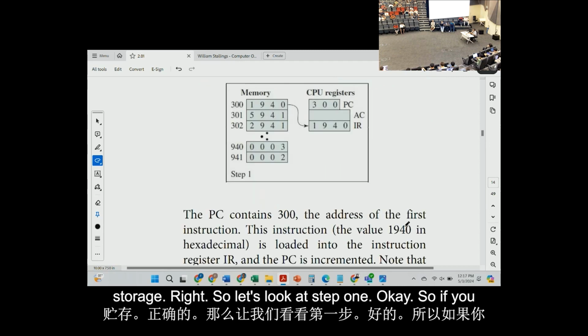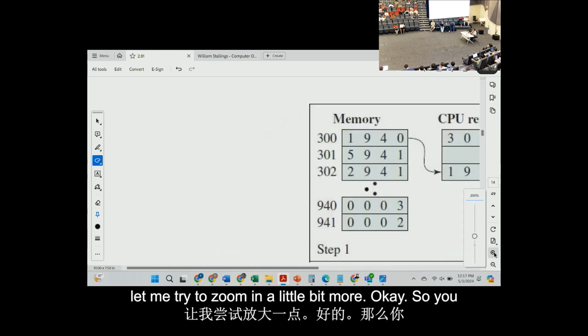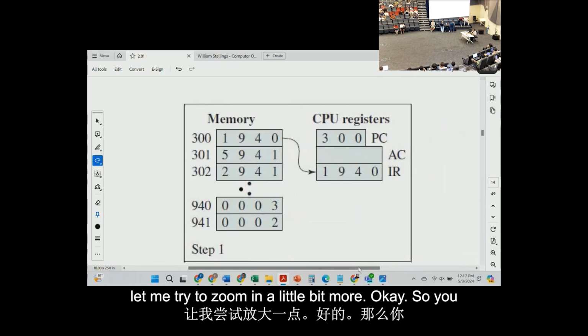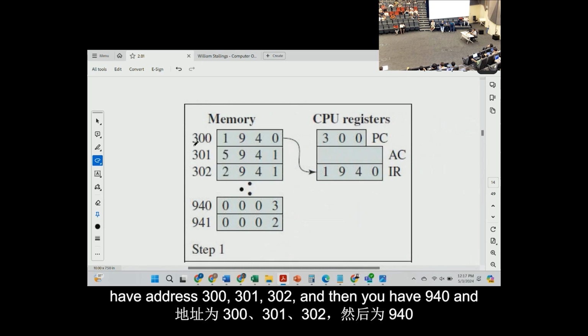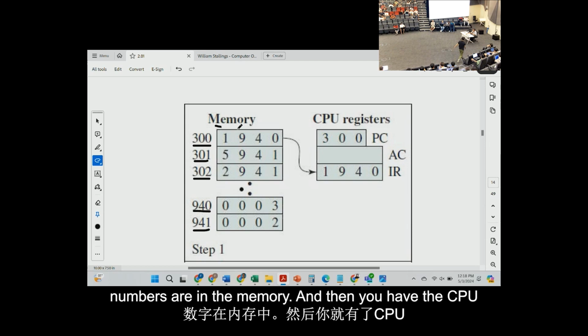Let's look at step 1. You have the memory addresses. Let me zoom in a little bit more. You have addresses 300, 301, 302, and then 940 and 941. These are just address numbers in the memory.